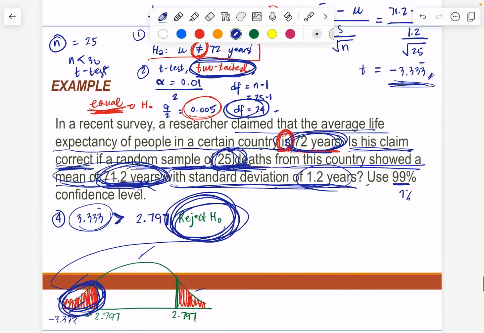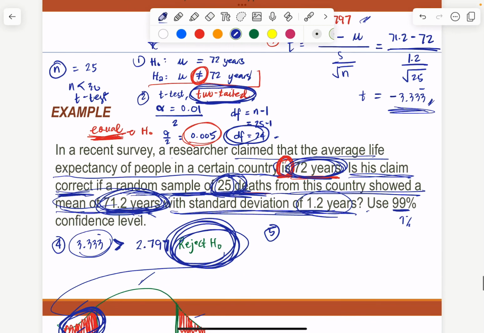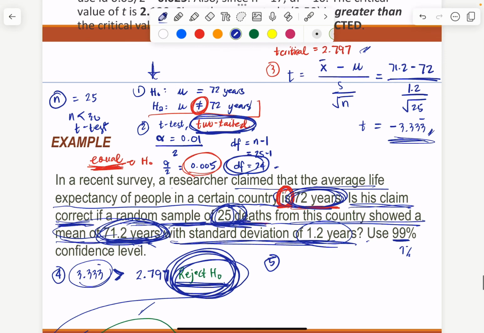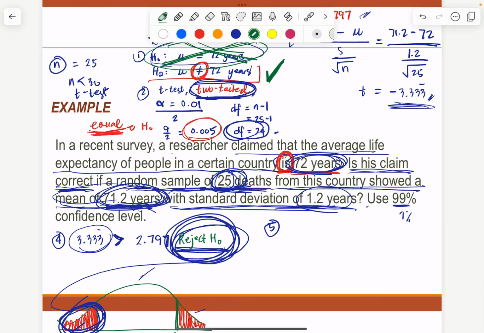Next, you have to make your conclusion. Our decision is to reject the null hypothesis, so what happens to our null hypothesis? We reject it, and it leads to the acceptance of our alternative hypothesis, which states that the average is not equal to 72 years.